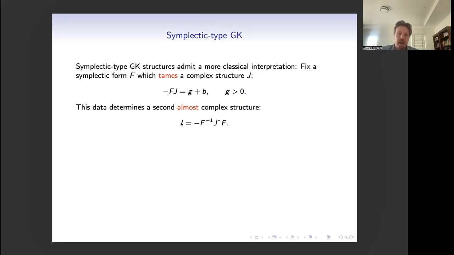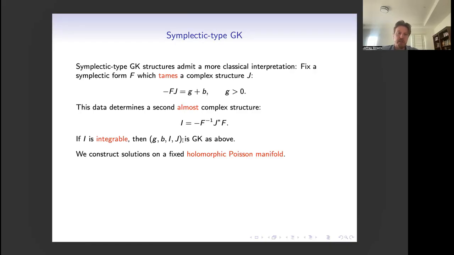So I can define an endomorphism I by just conjugating J in the right way by F. And then this trivially squares to -1. And then it turns out if this I is also integrable, then the data G, B, I, J is generalized Kähler as defined before in the classic setting. So this is a very efficient way of constructing generalized Kähler structures.